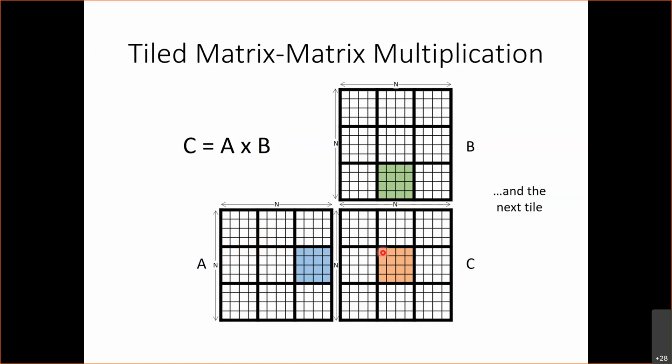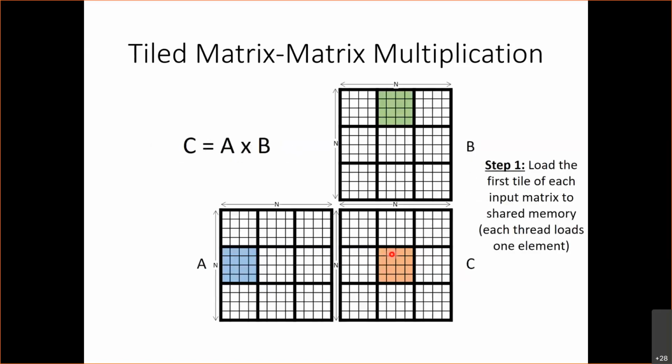Last point. Before, in my original matrix multiplication code, every thread was loading an entire row of A and an entire column of B. Now what happens when I move to tiling is that these 4x4 threads are going to load these 4x4 tiles.